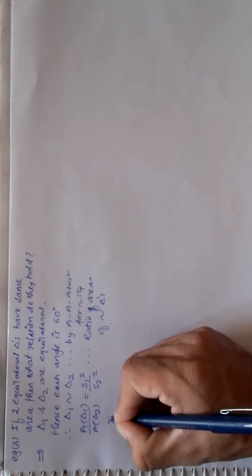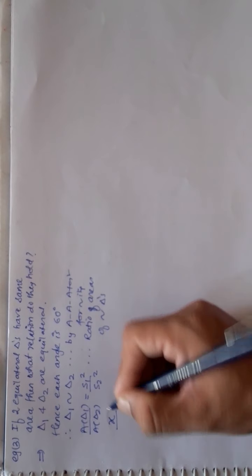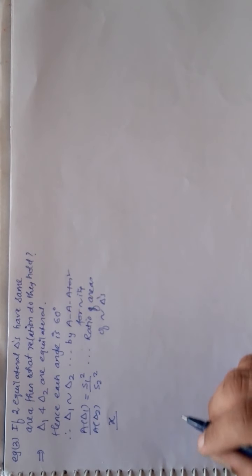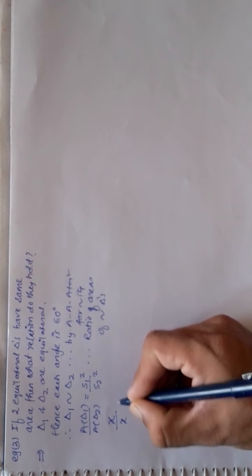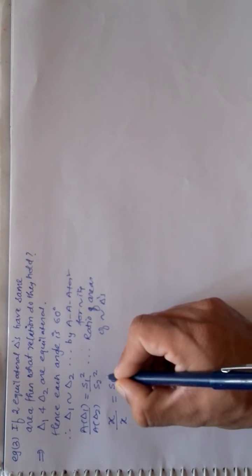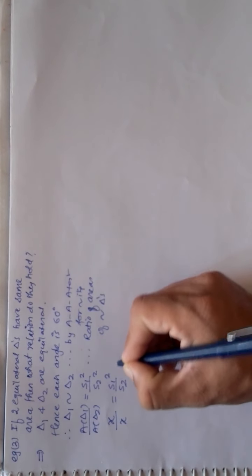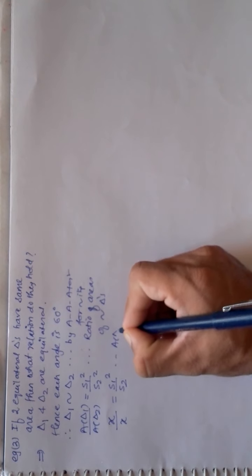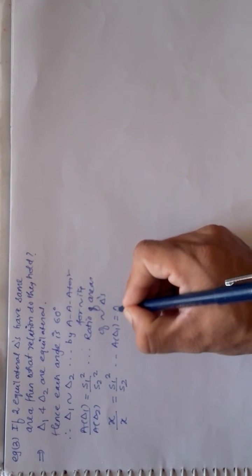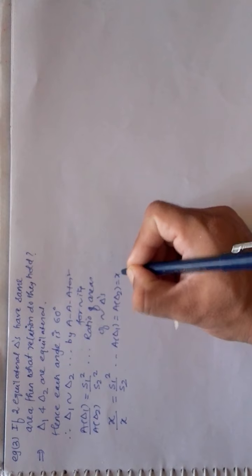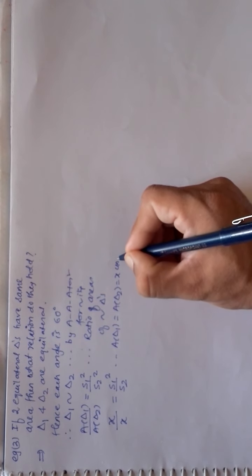Now already it is told that these two triangles have the same area. Let the area be x square units, centimeter not mentioned. So obviously this also will be x. So this will be your S1 square is to S2 square. I am telling area of triangle 1 is equal to area of triangle 2, which is your x unit square.